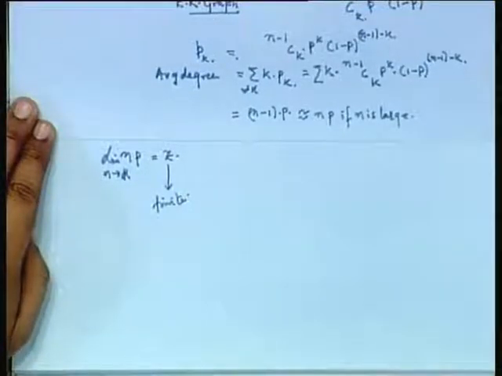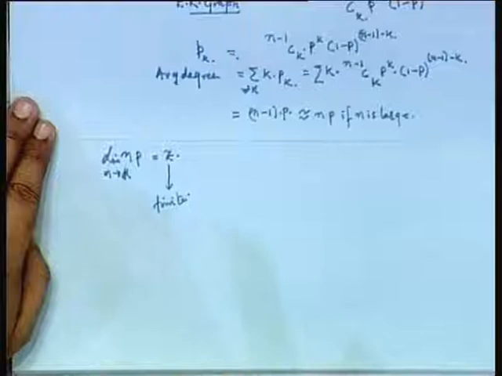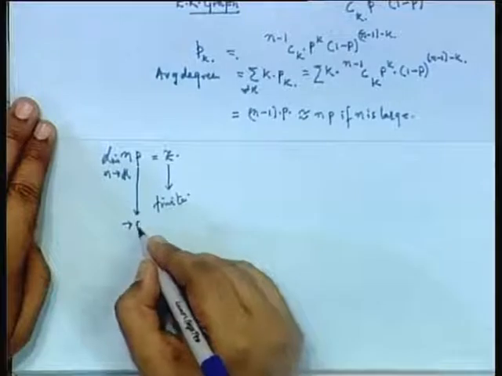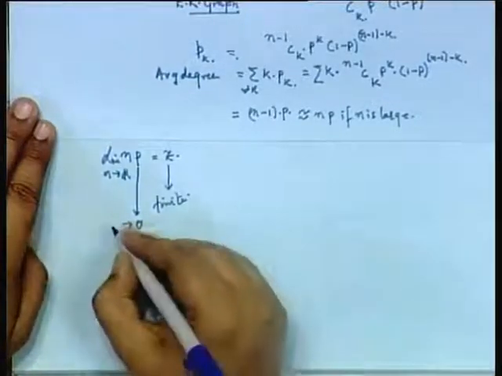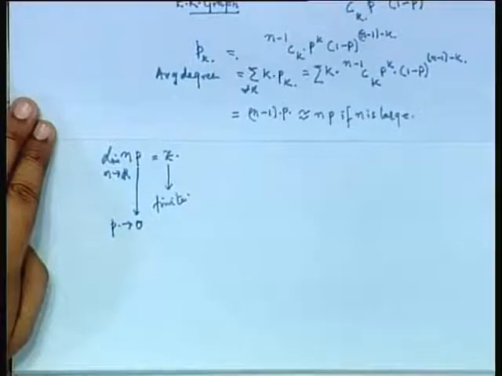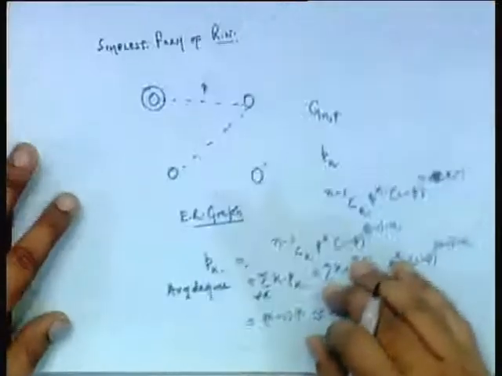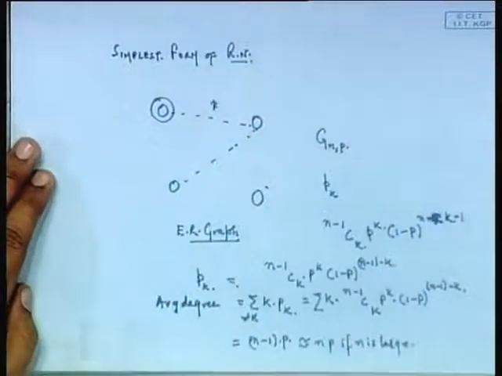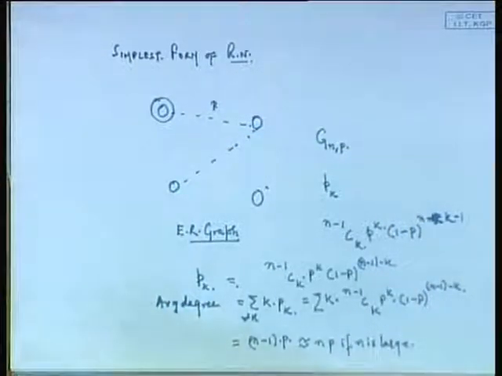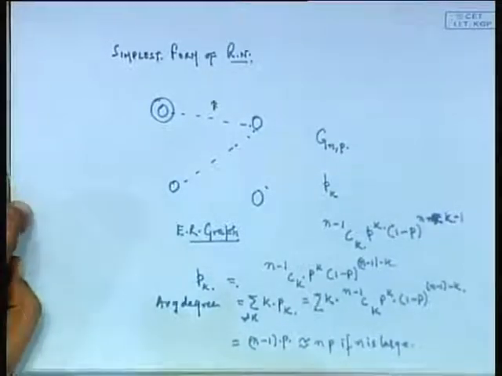Limit n tends to infinity, z is finite, therefore p tends to 0. P represents the probability that, given two random nodes, I wire them with probability p. Clear?